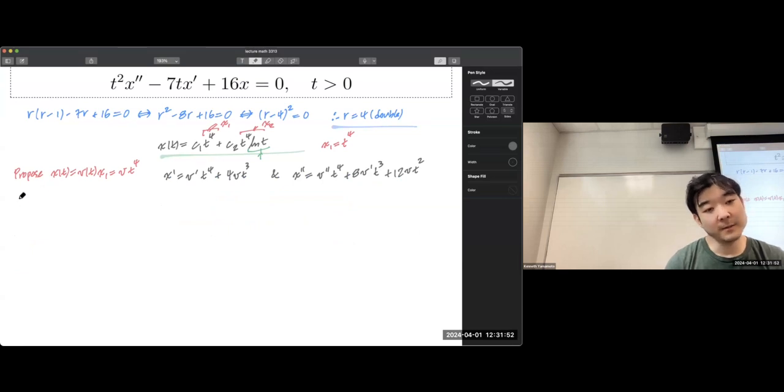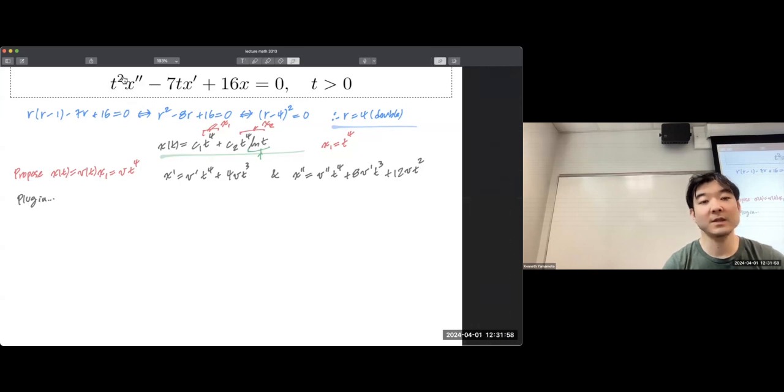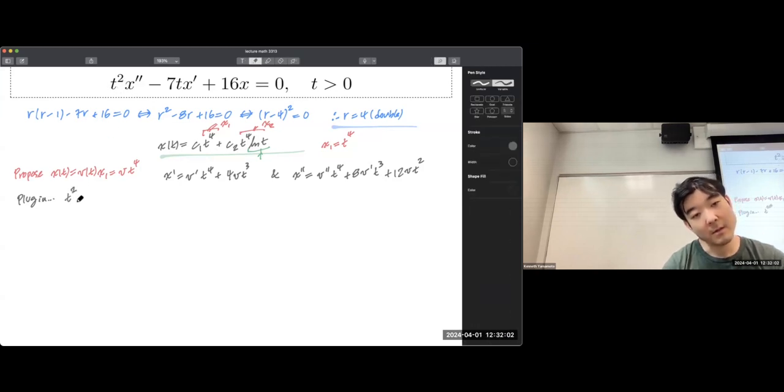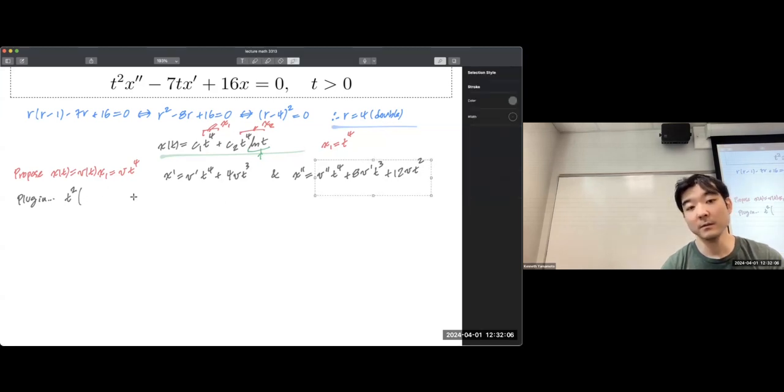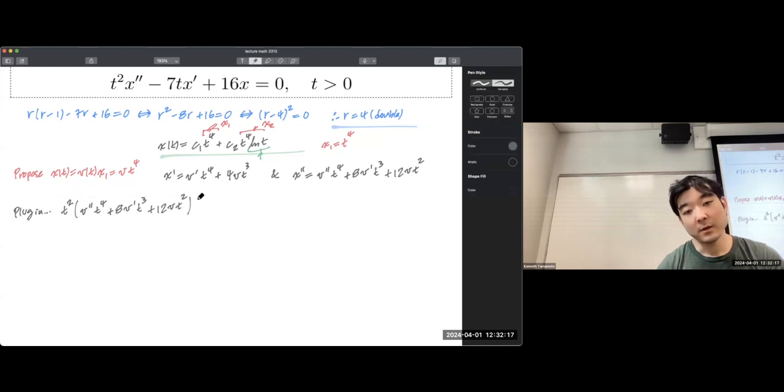So we're going to plug this in. I've got to be careful. There's a t squared, so I'll have to write that in, multiplied by x double prime, which is all of this. And close that.